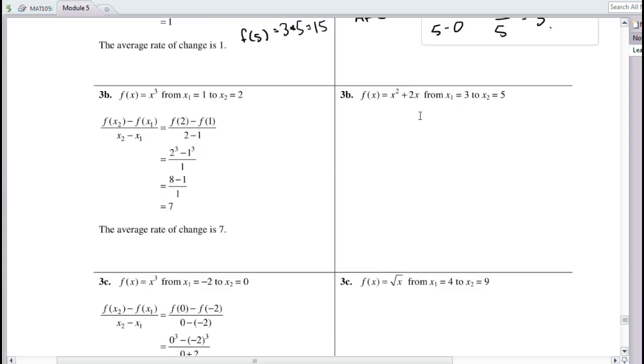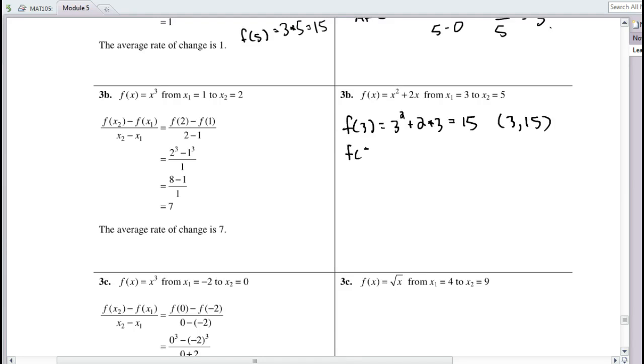Let's do the next one. We have a function x squared plus 2x and two x values. So we need to find first the two y values. f of 3 is 3 squared plus 2 times 3, which is equal to 9 plus 6, 15. So this gives us the point (3, 15).